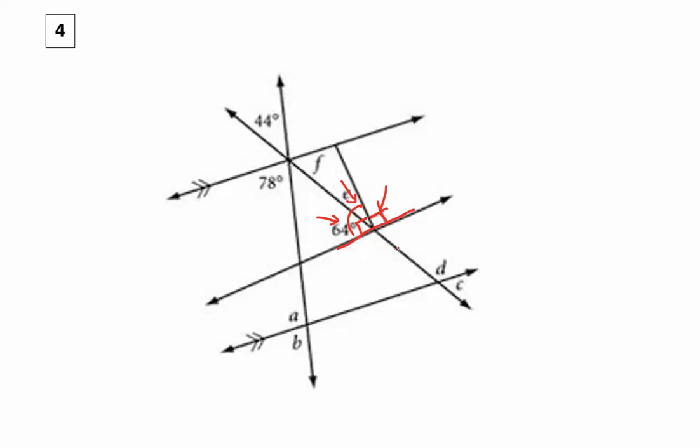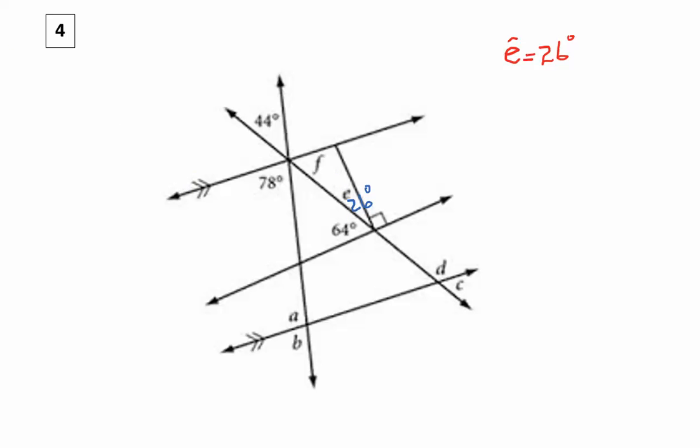That will make angle E equal to 26 degrees. Right, so angle E is equal to 26 degrees.